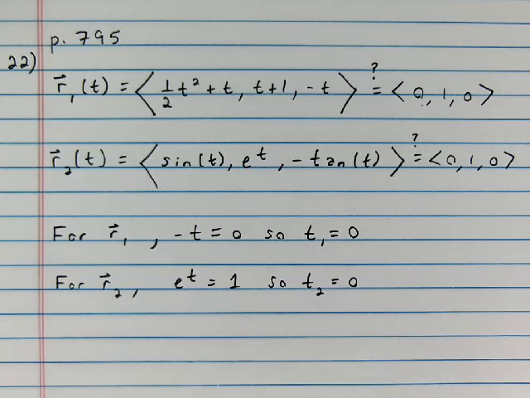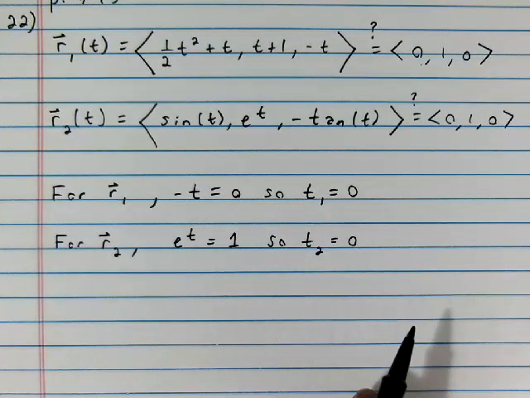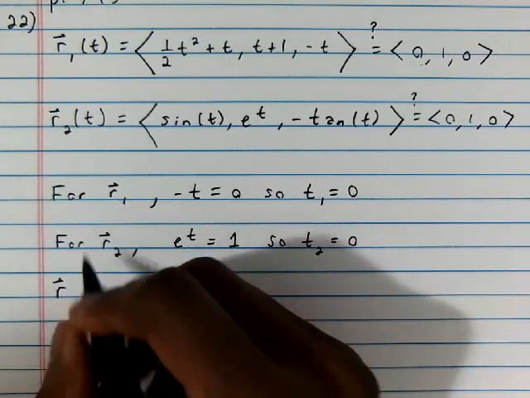Now they asked us to find that the vectors tangent to the curves at 0, 1, 0 are parallel. So now the vector tangent to the curve, remember, is going to be your velocity vector or your derivative of your position vector.